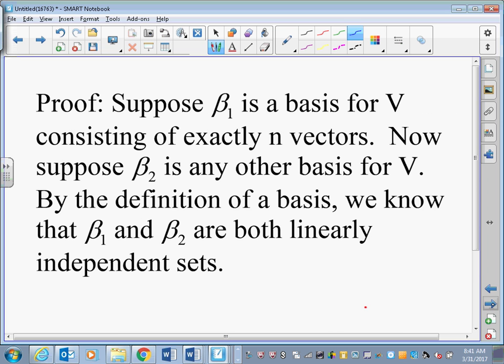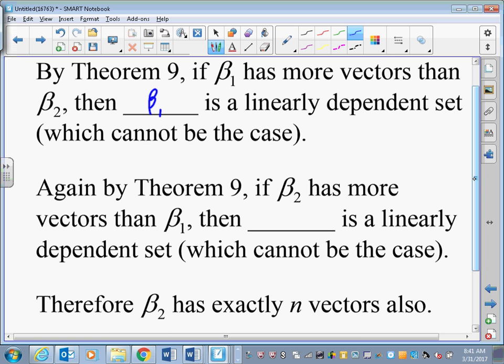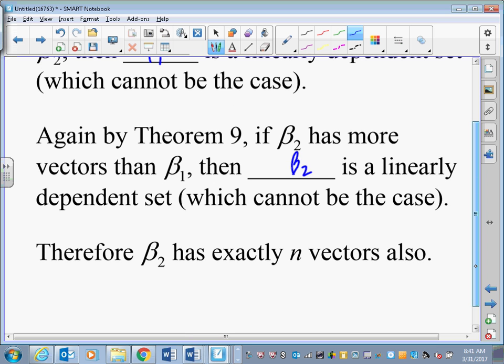And I don't really love these fill in the blanks ones, but we'll just go through them. If B1 has more vectors than B2, then B1 is a linearly dependent set, which cannot be the case. If B2 has more vectors than B1, then B2 is a dependent set, which cannot be the case. So therefore, they have to be the same.